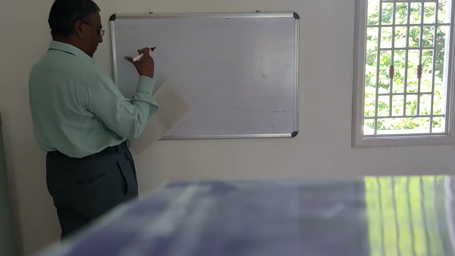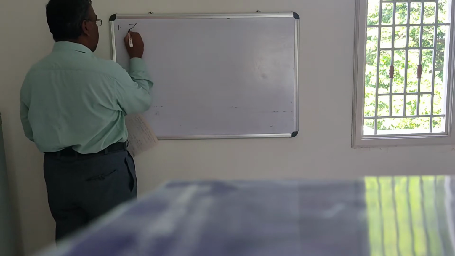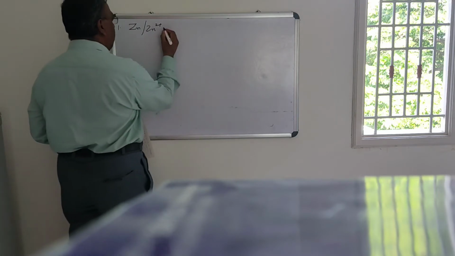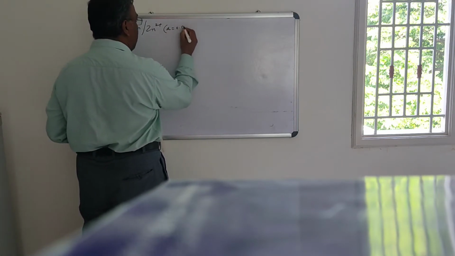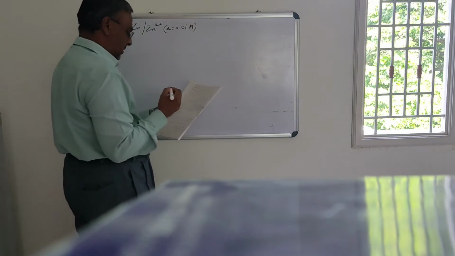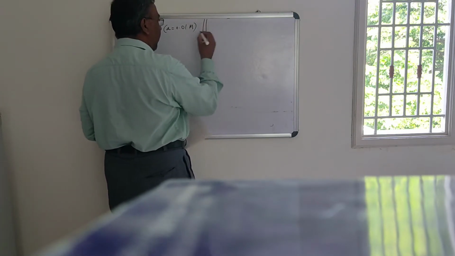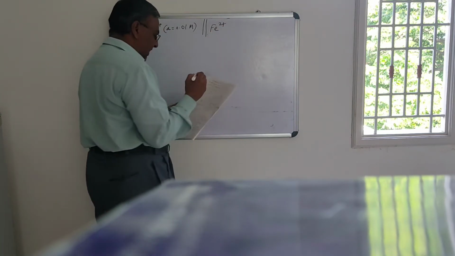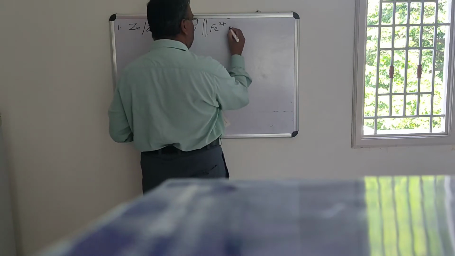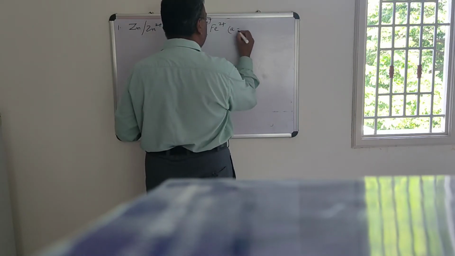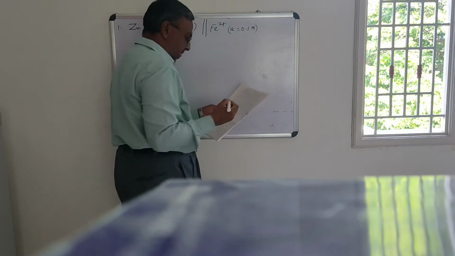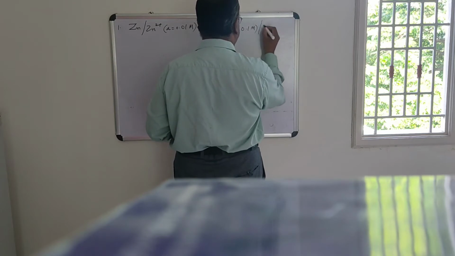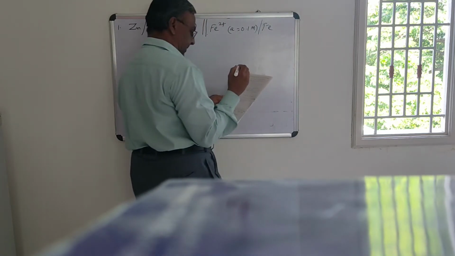First problem. Zinc 2 plus, its activity is 0.01 m, connected by a salt bridge to Fe2 plus ions whose concentration is 0.1 molar, which is connected to iron.